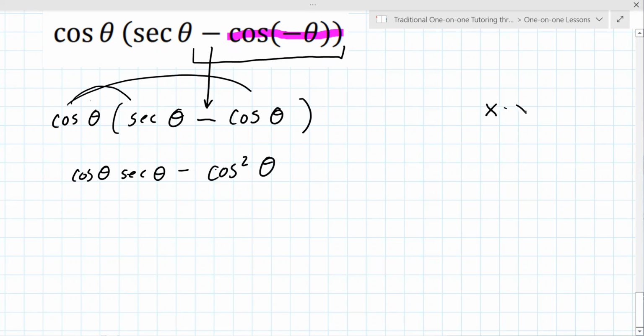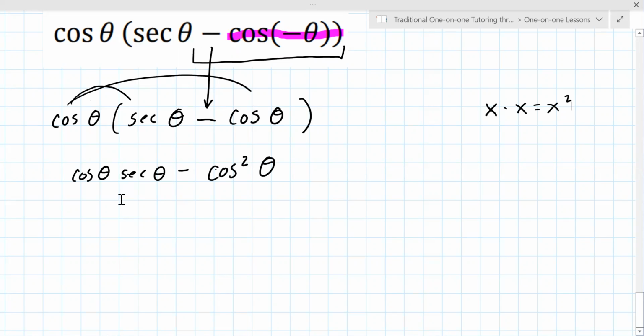It's like x times x becomes x squared. Now, when you're simplifying, it's supposed to become simpler, and I'm not sure that has happened yet. Would you agree this doesn't necessarily look any simpler than the beginning?